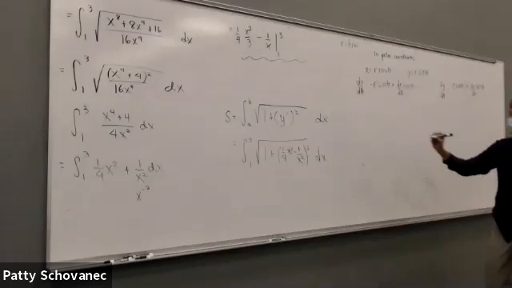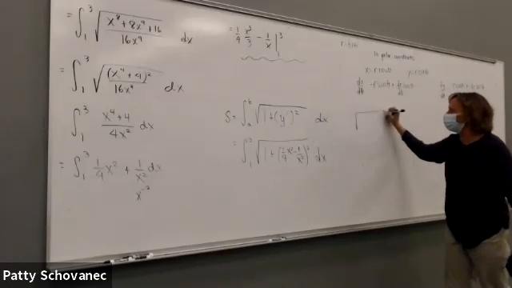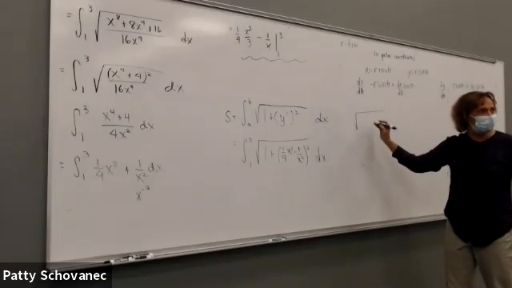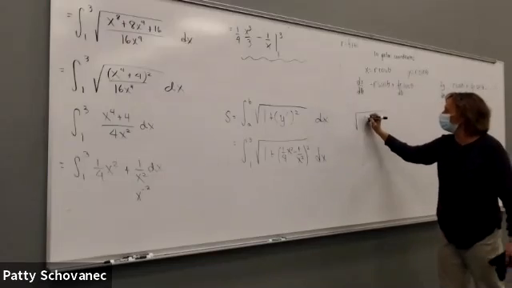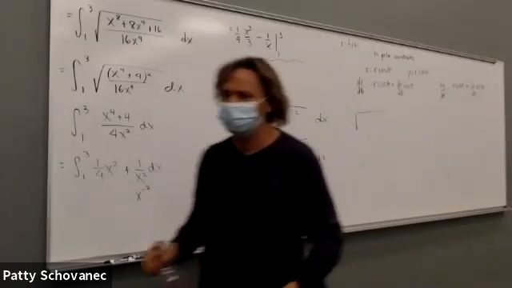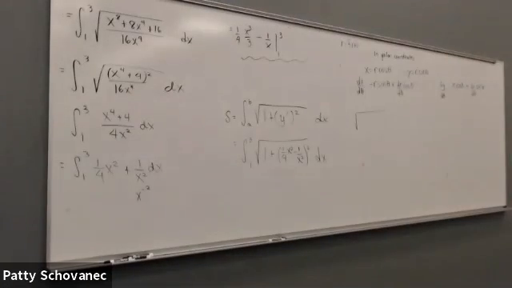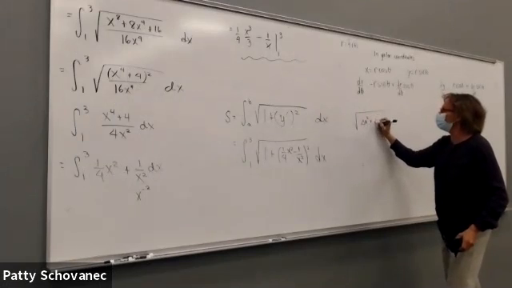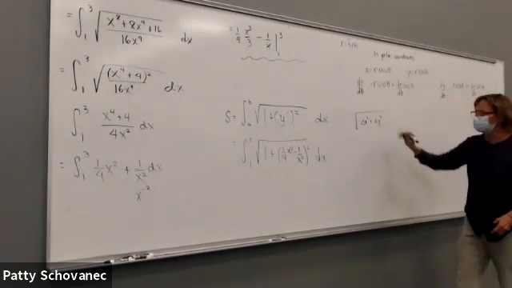And our arc length element had the change in x squared plus the change in y squared. So keep that in mind.